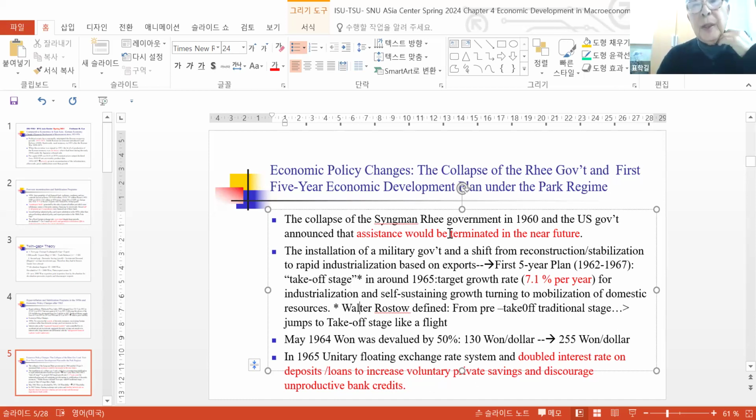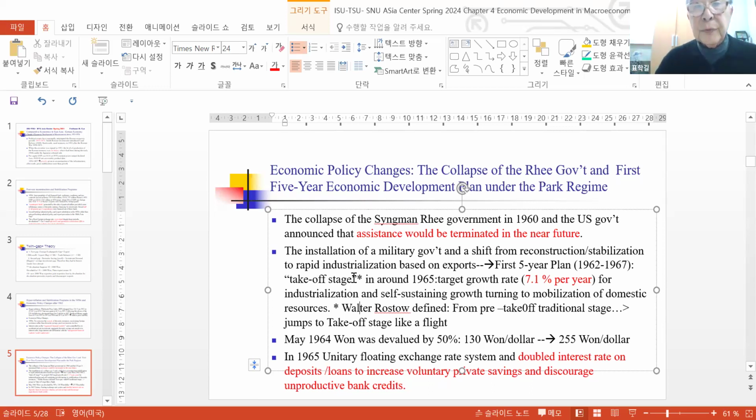So that kind of national emergency atmosphere, together with Park's staged coup d'etat, political turmoil, probably made Korean people realize we have to do something else, something abnormal, something on an emergent basis. So it's kind of nationalism, national identity restoration.